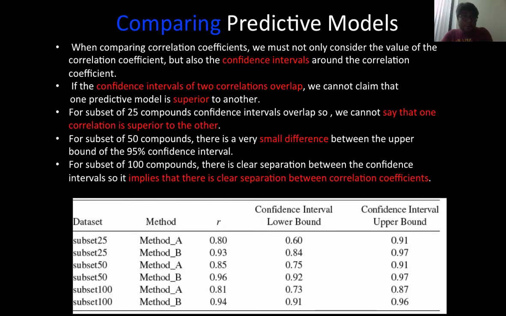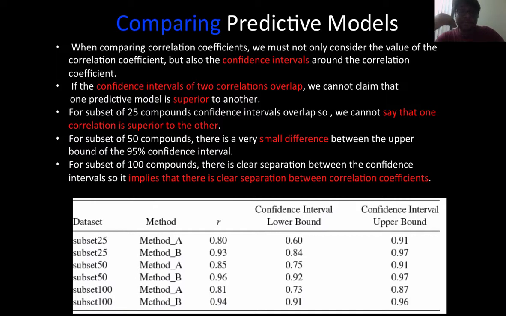So coming to comparing predictive models, when comparing correlation coefficients, we must not only consider the value of the correlation coefficient, but also the confidence interval around the correlation coefficient.